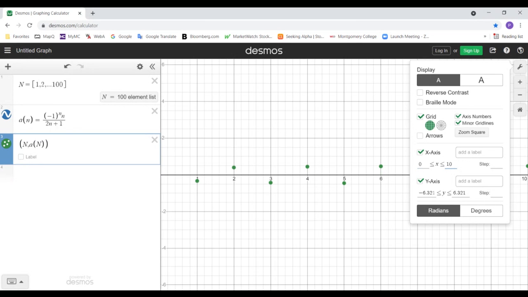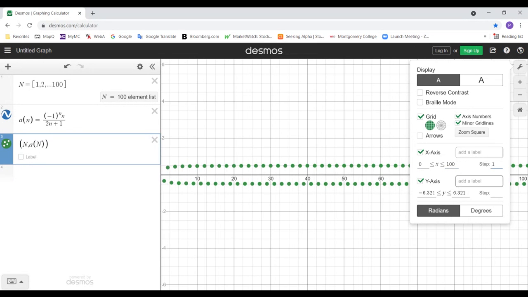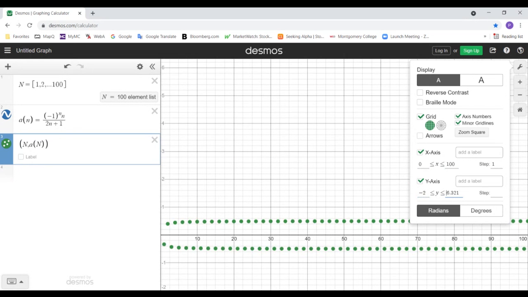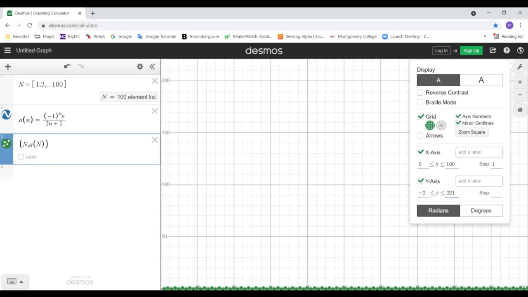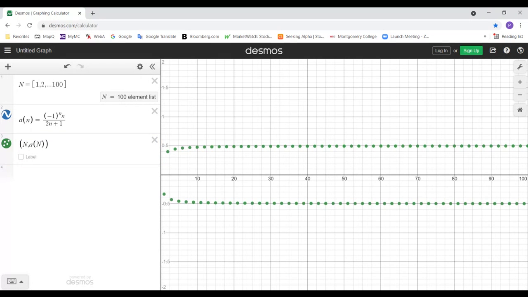And what would I end the x-axis at? 100, sure. I'll put 100 here, and a step of 1. And then for the y-axis, maybe make it go from -2 to +2, something like that. And there is my sequence.